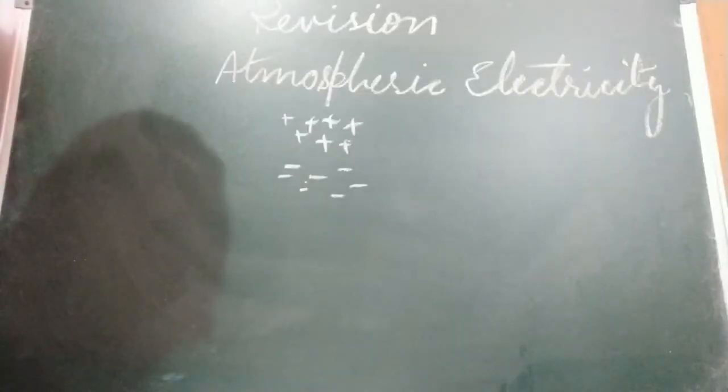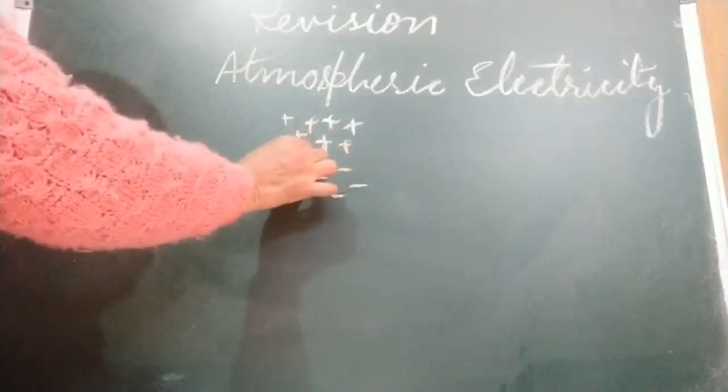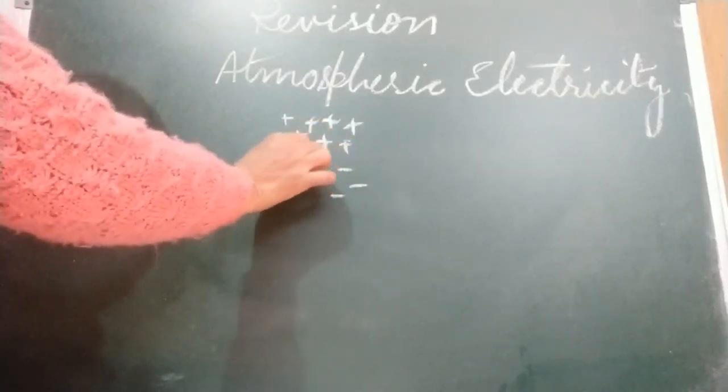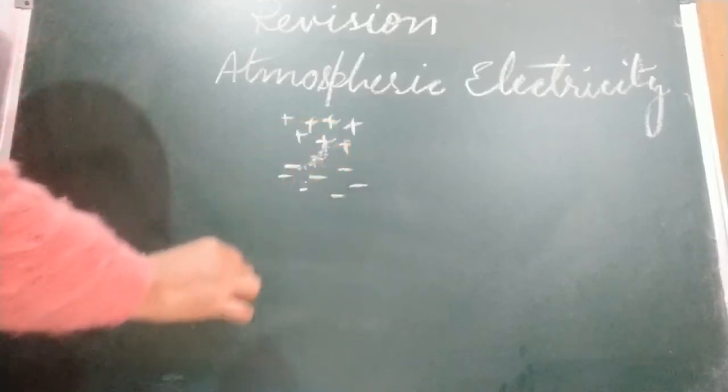I am going to explain how it happens in the cloud. When two clouds with unlike charges come near each other, there can be very heavy discharge between them. What takes place?